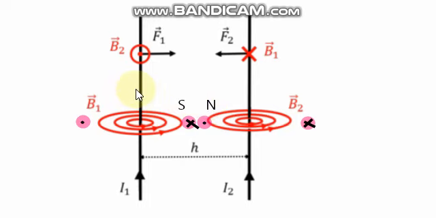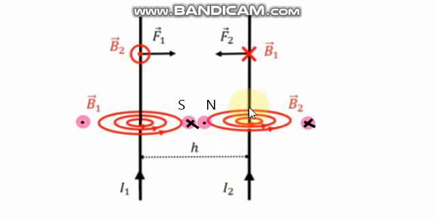It means that the south pole of the wire 1 is facing the north pole of the wire 2. So the poles of the wires which are facing each other are opposite, and the opposite poles always attract each other. So the two wires will attract each other. It means that the two parallel currents always attract each other.